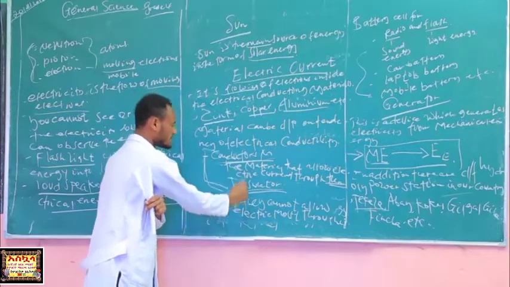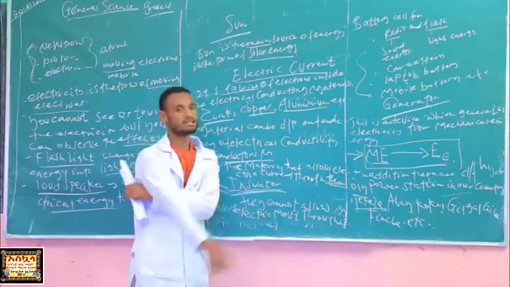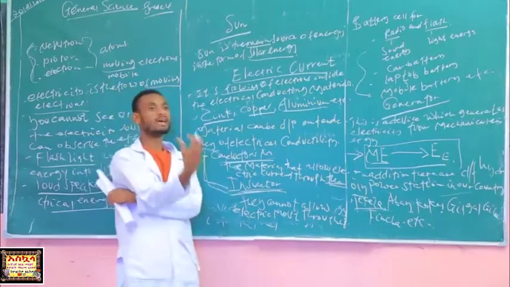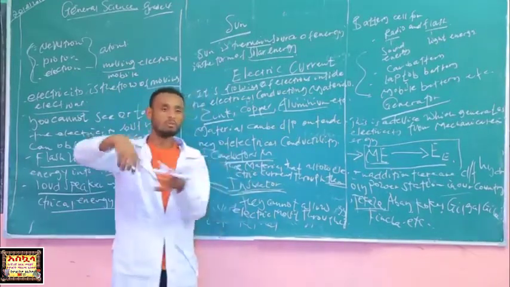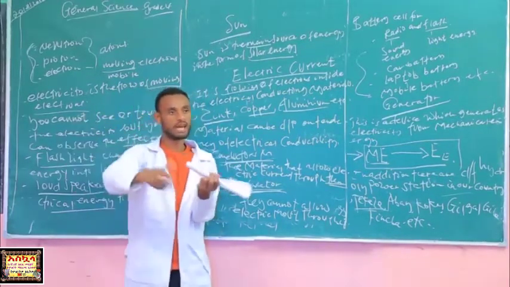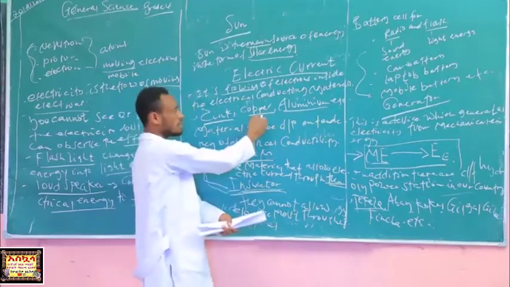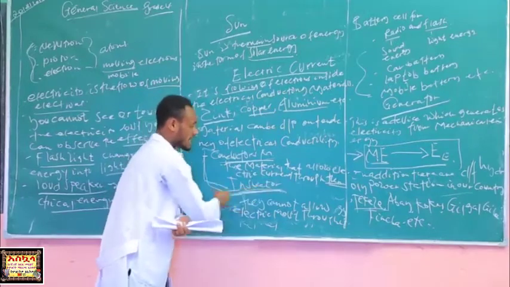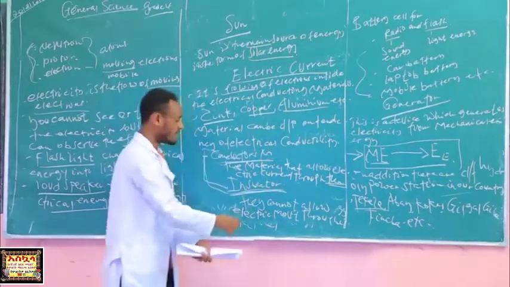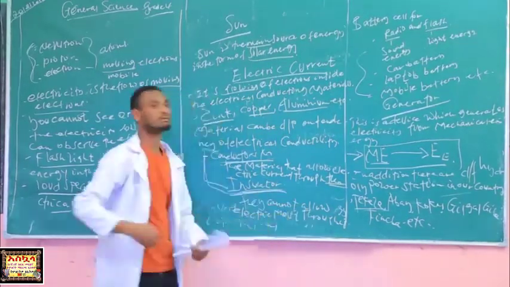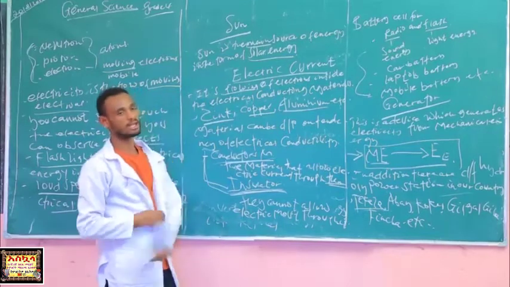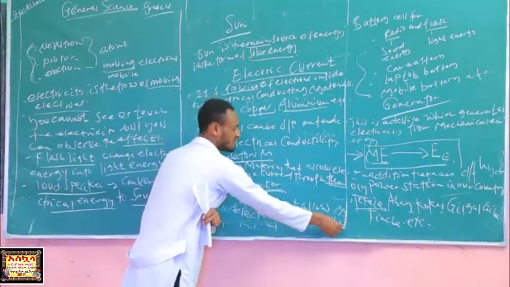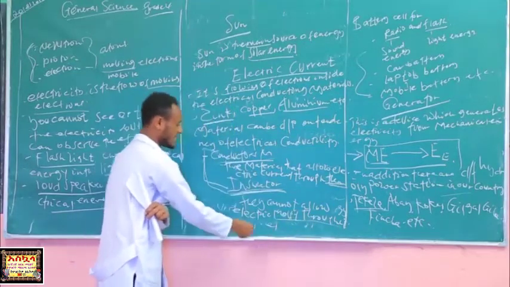The first one is the conductor. The second one is the insulator. Conductors are the materials that allow the movement of electrons inside them, like zinc, copper, and aluminum. Lastly, insulators, vice versa, cannot allow the movement of electrons inside them, like plastic and wood and different types of materials.